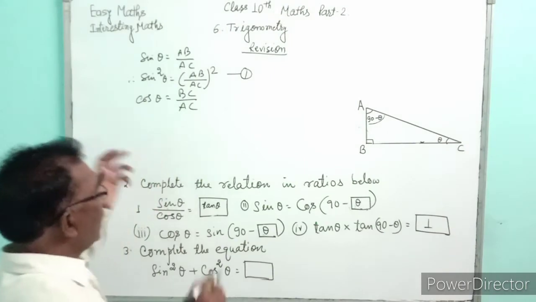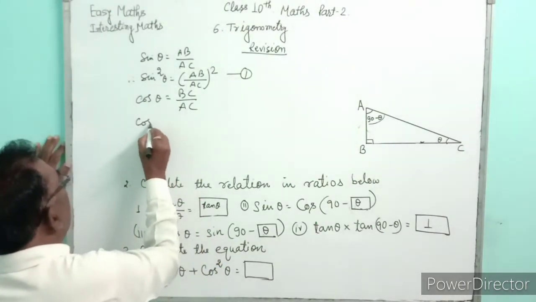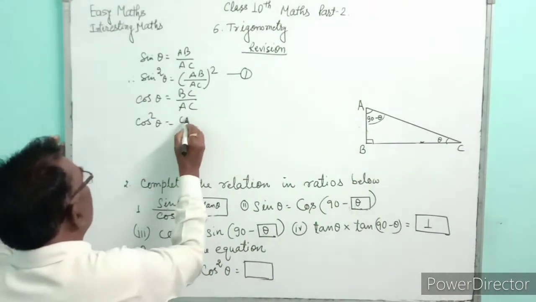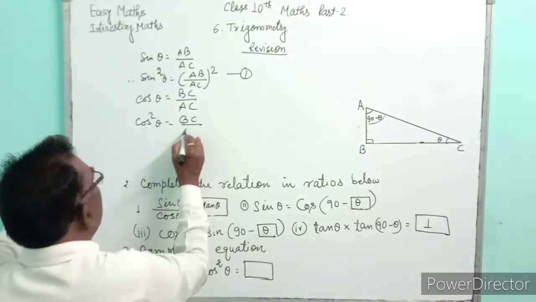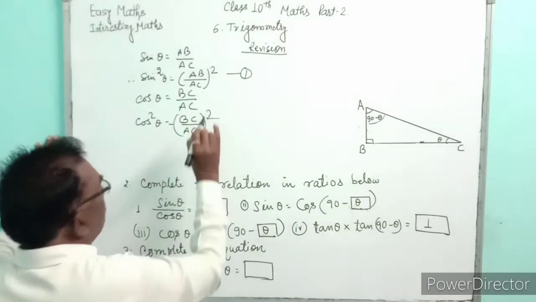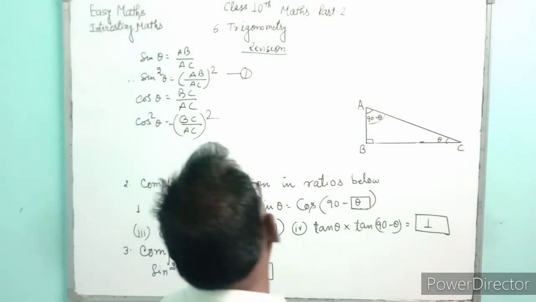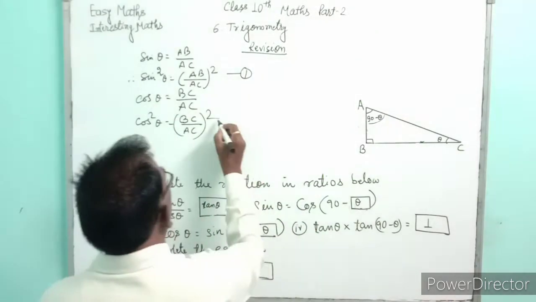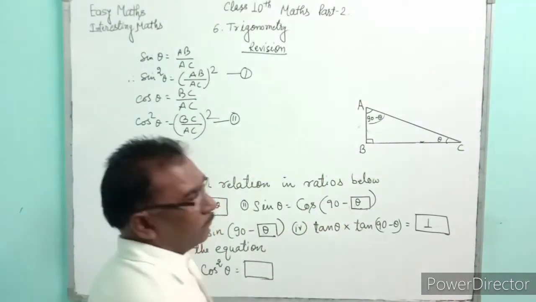Now squaring both sides. So cos square theta is equal to (BC by AC) square. Suppose this is equation number 2.